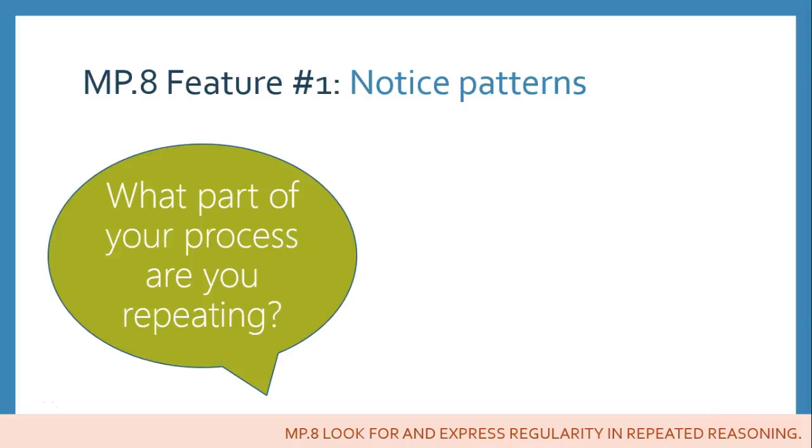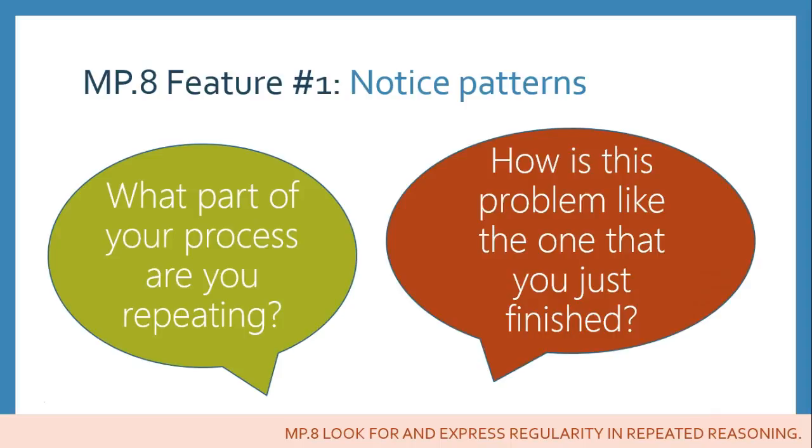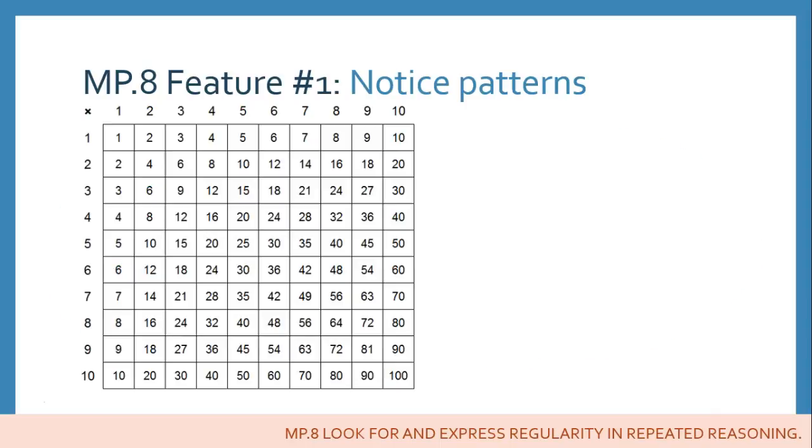To encourage learners to notice patterns, you could ask them, what part of your process are you repeating? How is this problem like the one that you just finished? For example, at a lower level, students could notice patterns in the multiplication facts up to 10 times 10.